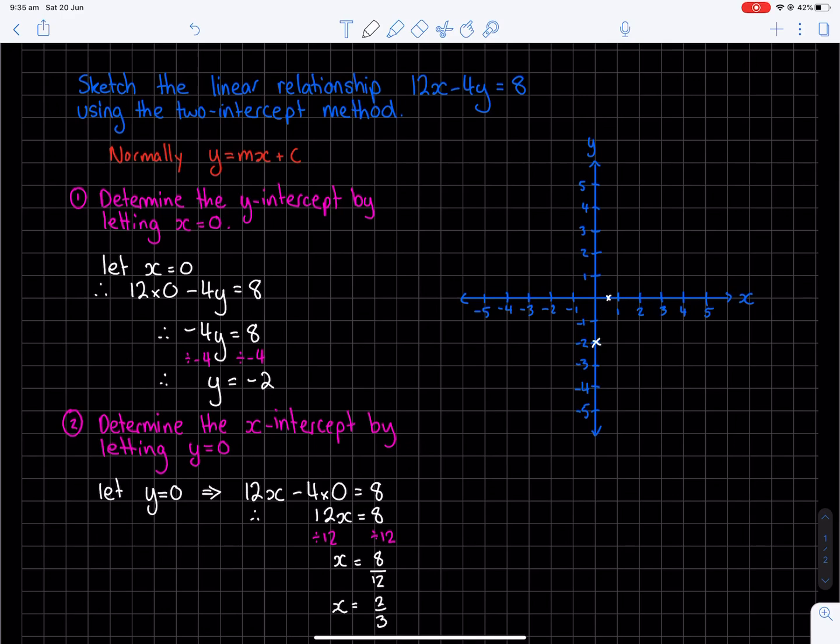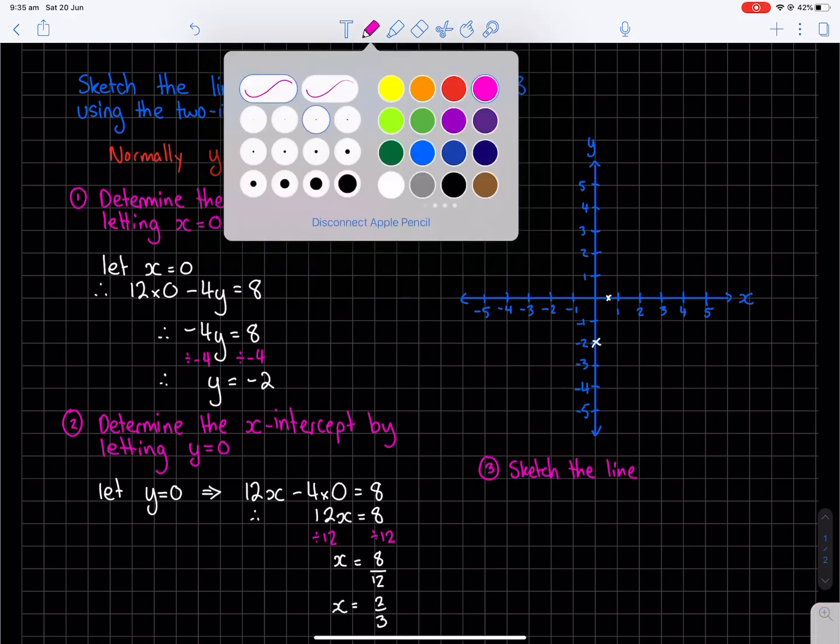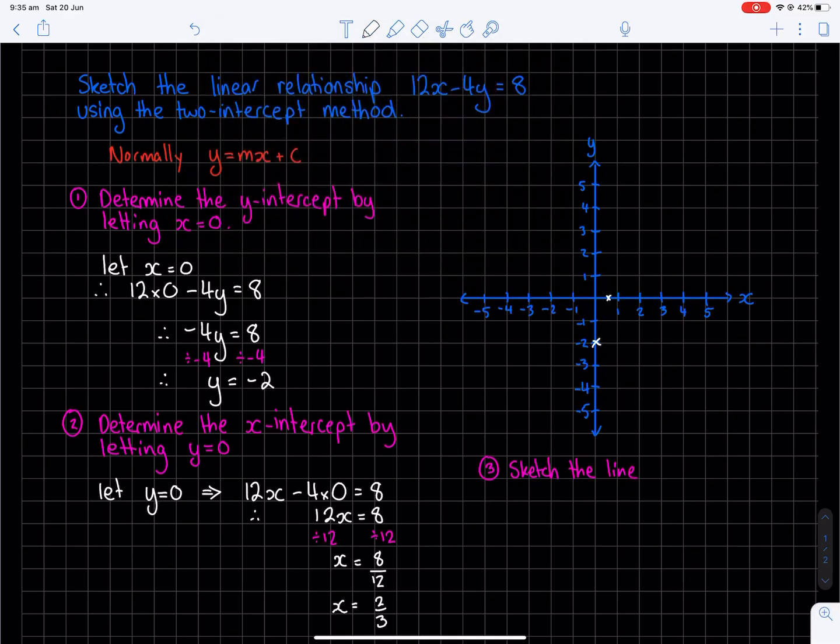And the last thing we need to do is 3, sketch the line. So the easiest way to do that is just with a ruler. Digitally, I'm going to have to draw the line between those 2 points, and then using the powers of digital technology, I can just extend to ensure that they're both on the same line here.